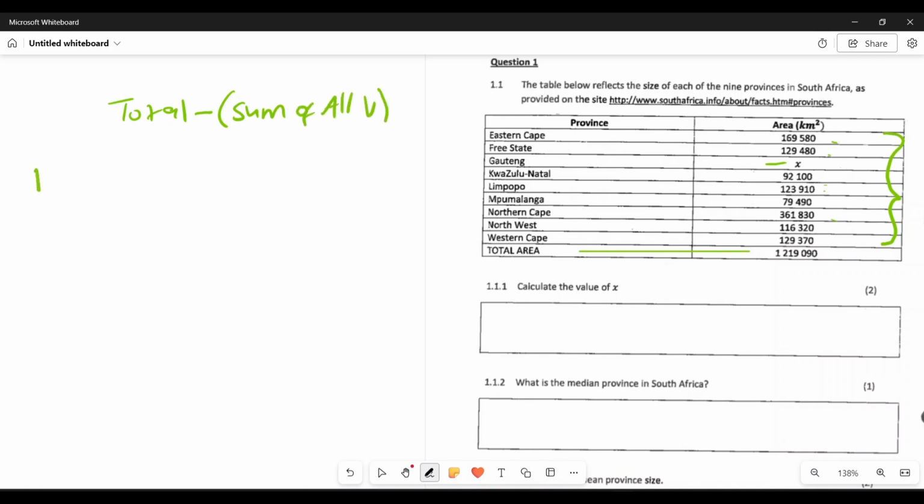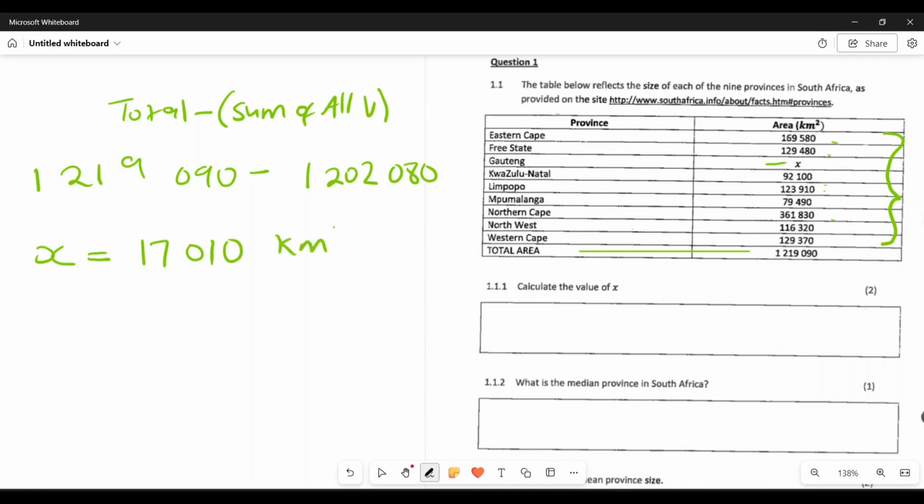Our total is 1,219,090. When you add all these numerical values, they should equal 1,202,080. As a result, your value of X would be equal to 17,010 kilometers squared.